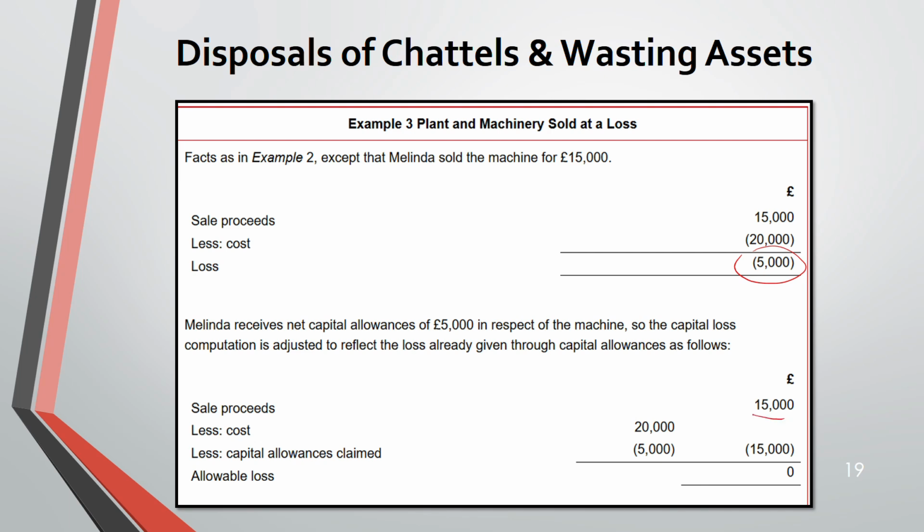Remember, it is a no gain, no loss. How is it no gain, no loss? It is shown here. The cost is 20,000. From this cost, you deduct the capital allowance that was already claimed. This is always the rule: whenever capital allowances are claimed, deduct them from cost. So now it's 15,000, and if you deduct this from 15,000, you see, nil.